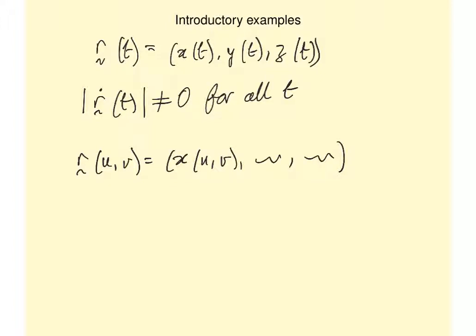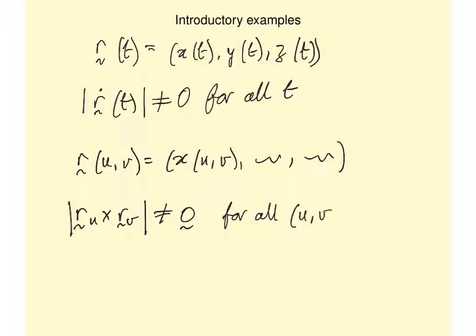The regularity condition here is that the two partials, first of all, are non-zero, and their cross product is non-zero. So they generate a plane, the tangent plane to the surface, and that in abstract terms will be the tangent space. That's for all u and v in the domain of R.